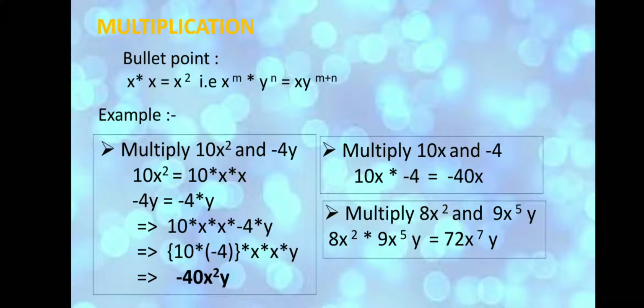So as given in the bullet point, what we learned was, if you have x power m into x power n, you will be doing x power m plus n. So x power 2 into x power 5, all your exponents will be added, which will give you x power 7, and you have a single y, which will give you y. So what is your final answer? Your final answer will be 72 x power 7 y.